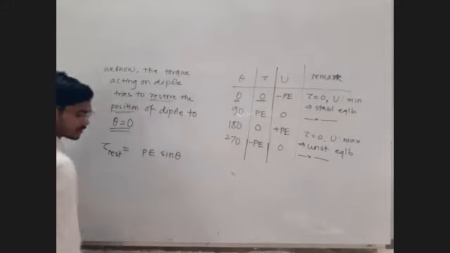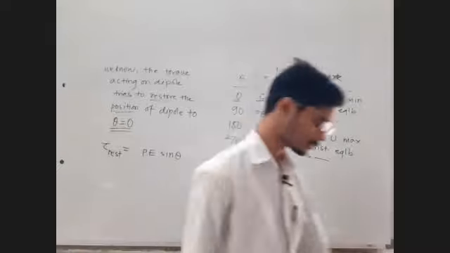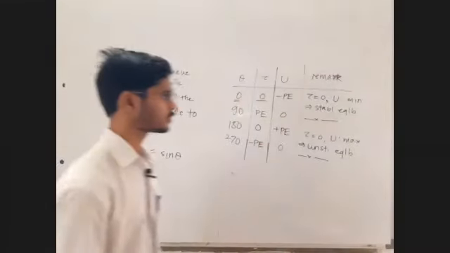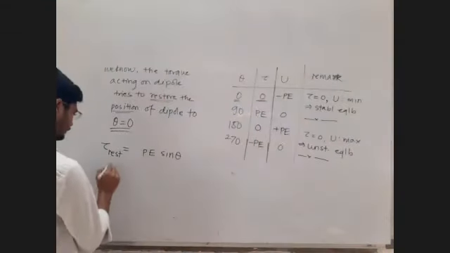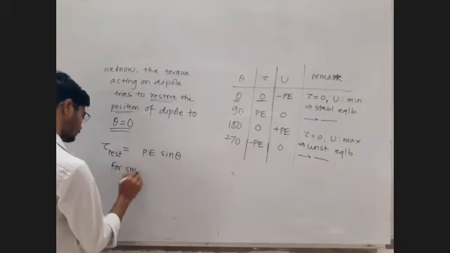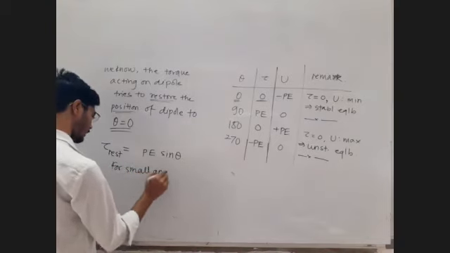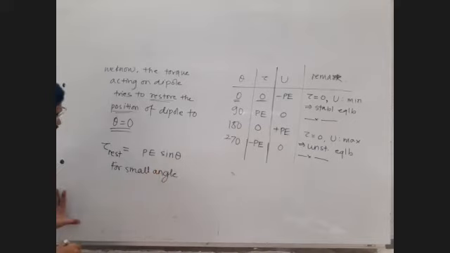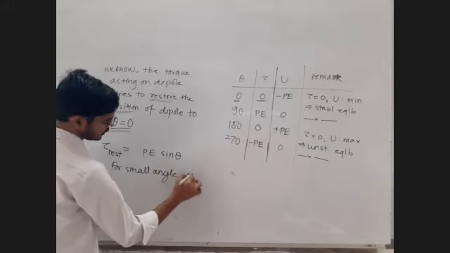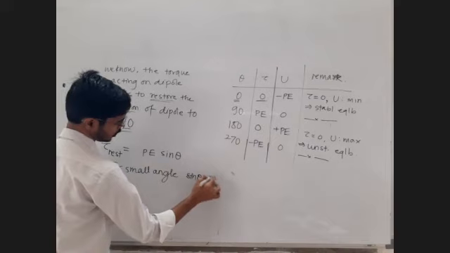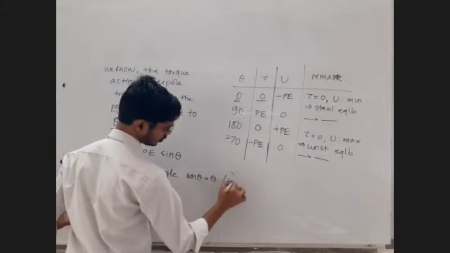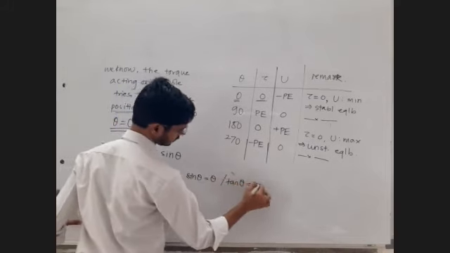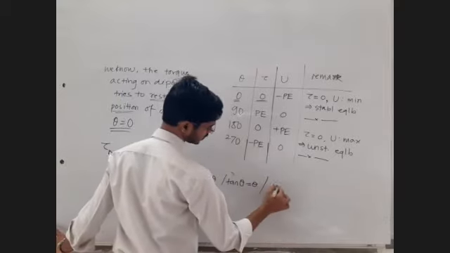But first let us write for small angle: sin theta is equal to theta. This you should already know. Also, tan theta is equal to theta.